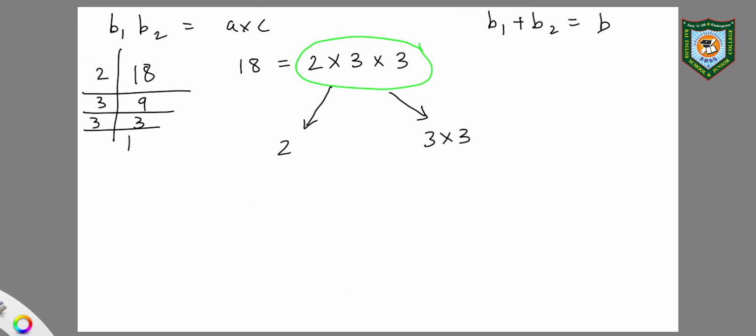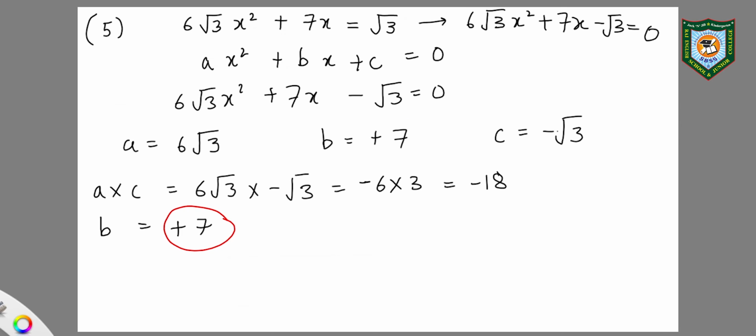Let's do 3 and 2 into 3. So here we have b1 is equal to 2 and b2 is equal to 9. Now the one thing we need to remember is that our product is negative, so we need one of the numbers as negative.